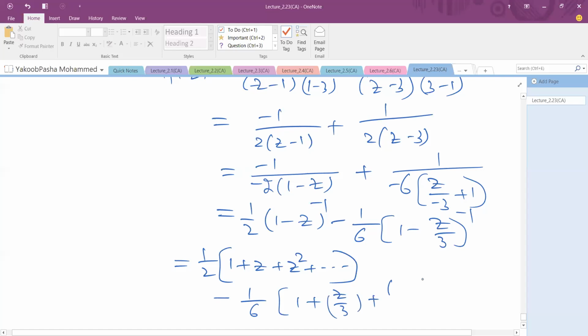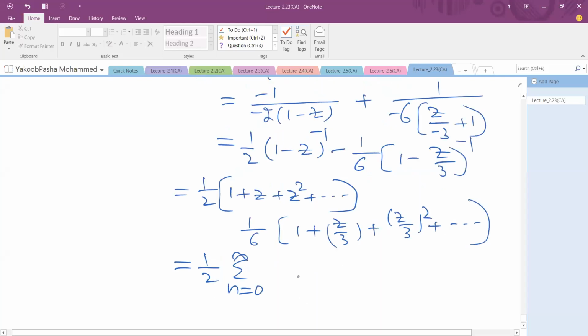So this is equal to 1 by 2 into summation n is equal to 0 to infinity z power n at first term, plus minus 1 by 6 summation n is equal to 0 to infinity, z by 3 whole to the power of n. Okay. This is the expansion.